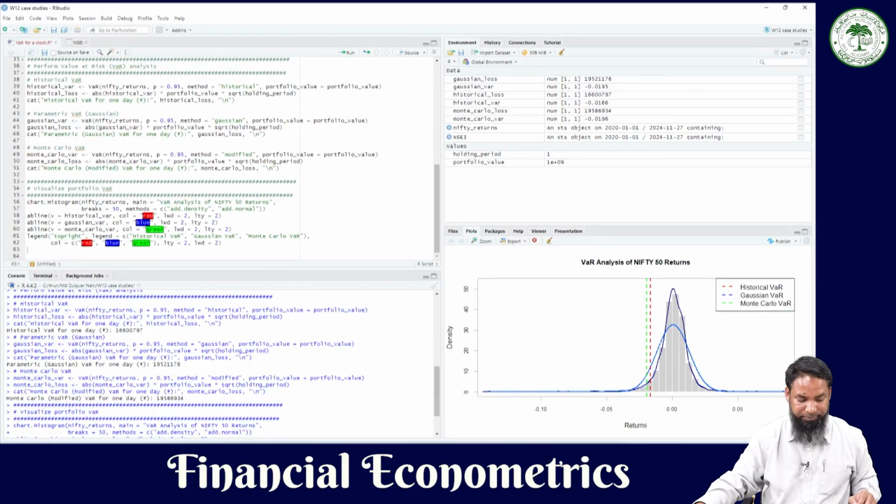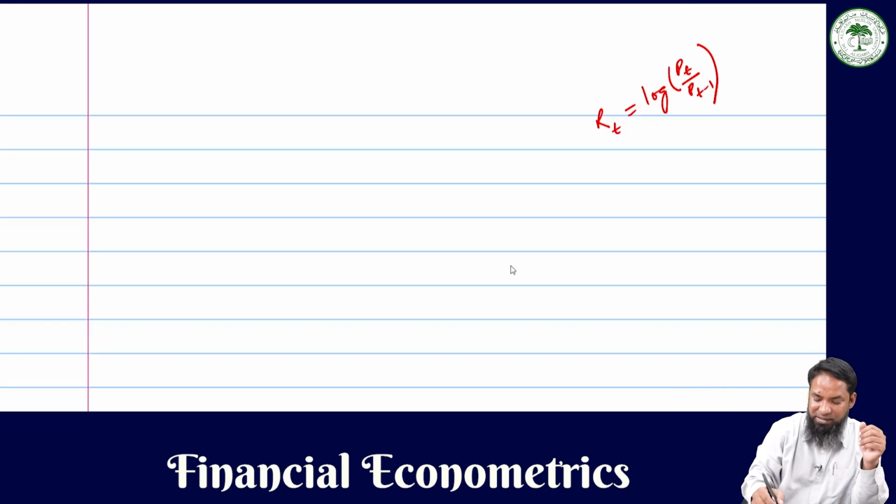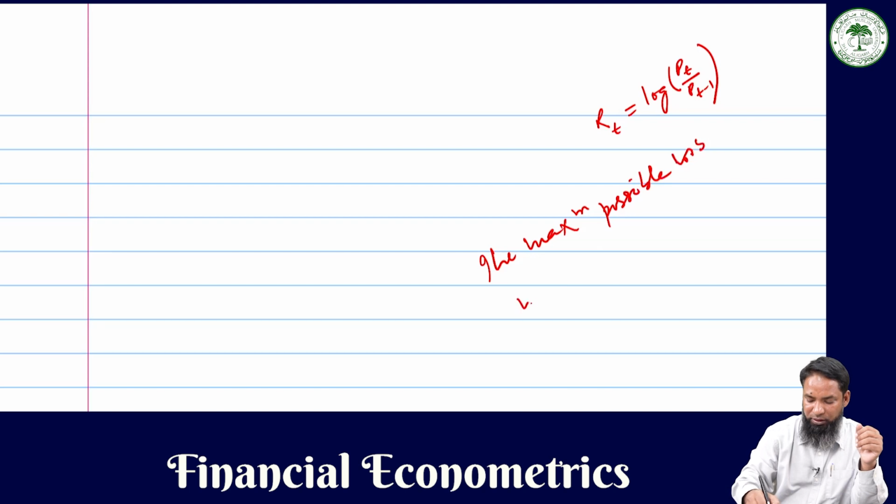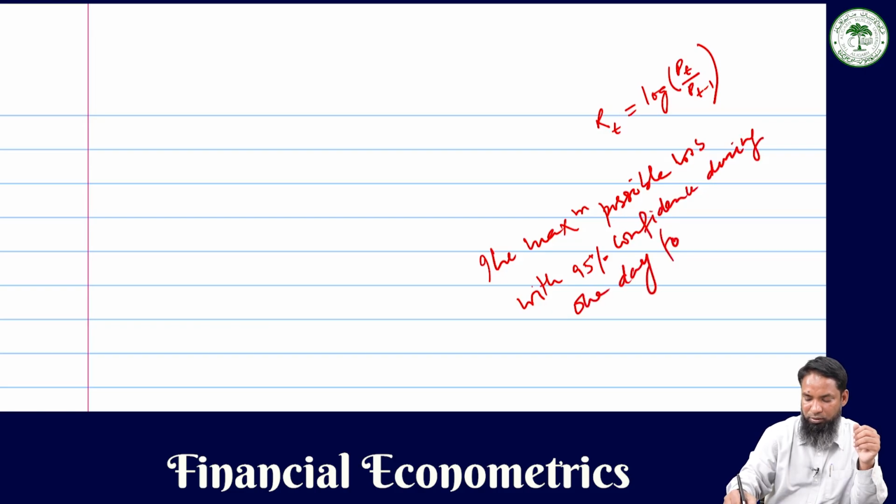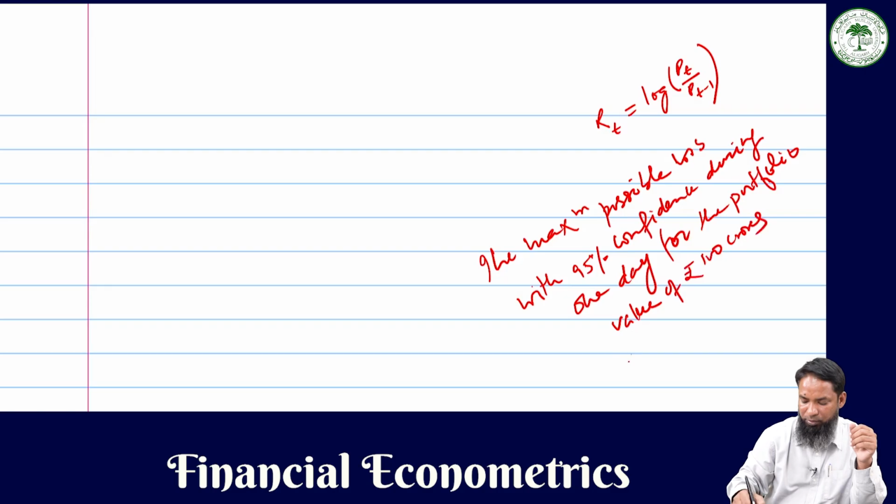So what we can say here is the maximum possible loss with 95% confidence during 1 day for the portfolio value of rupees 100 crores is about rupees 1 crore 66 lakhs.